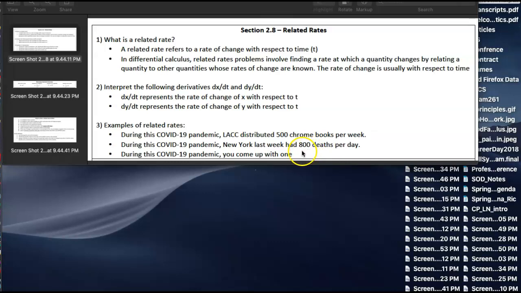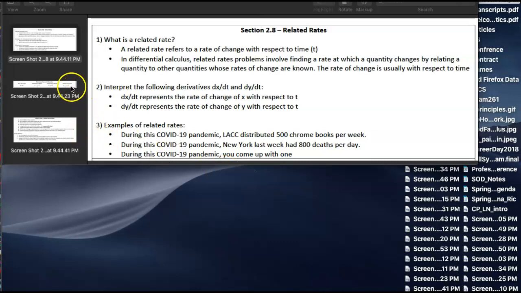So if you look at your related rate, you have one quantity here that is changing per a unit of time. And it would be nice to come up with one of your own due to the pandemic here. That'll be interesting. We could pair share when we get back to class.